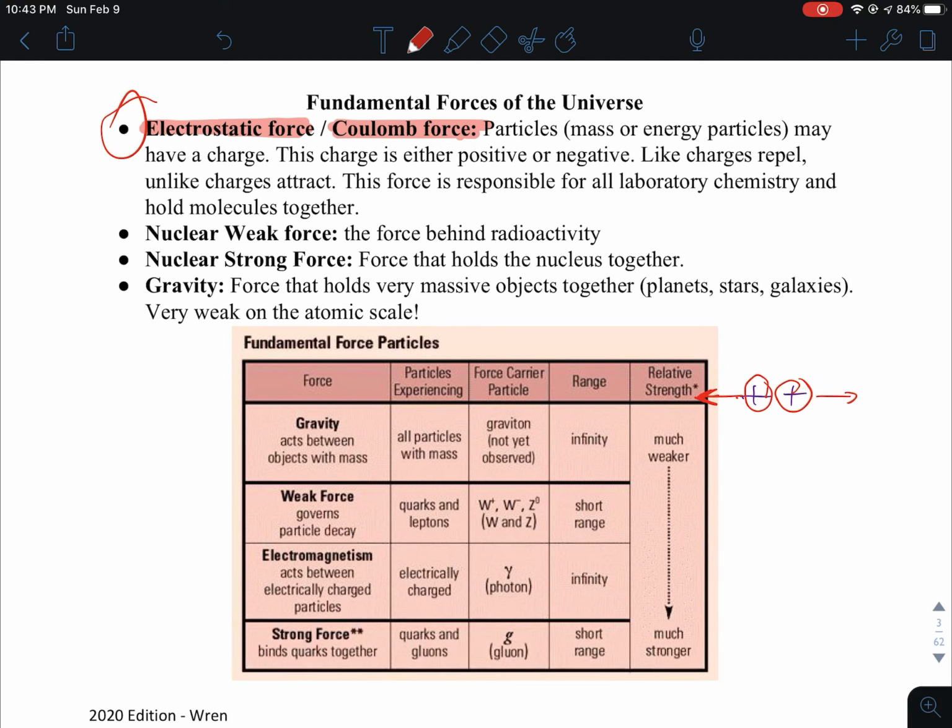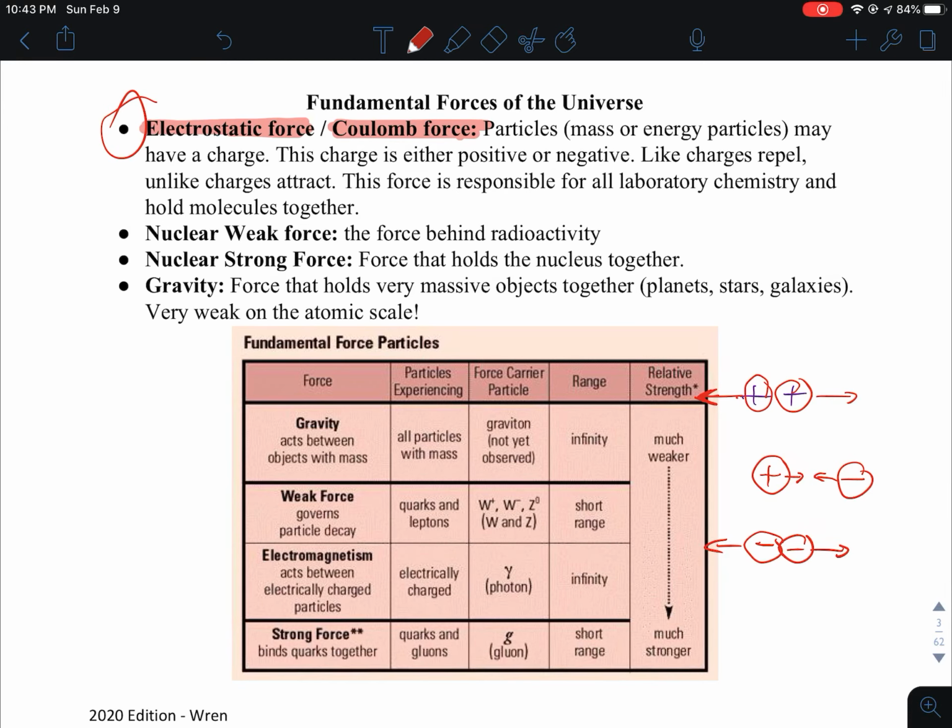Like charges repel, and unlike charges, a positive and a negative, are attracted. So two positives would repel each other, and two negatives will also repel each other. They try to pull away from each other.